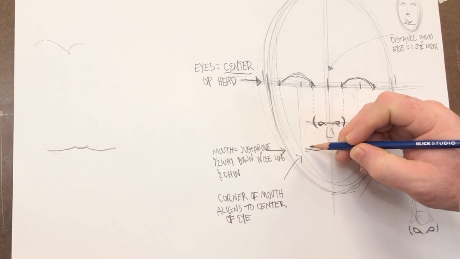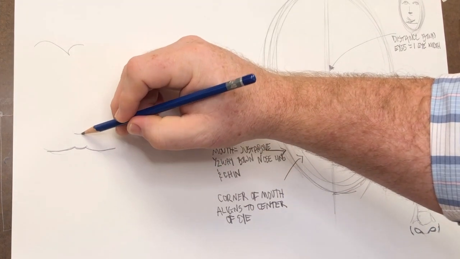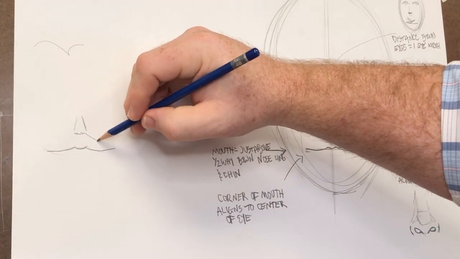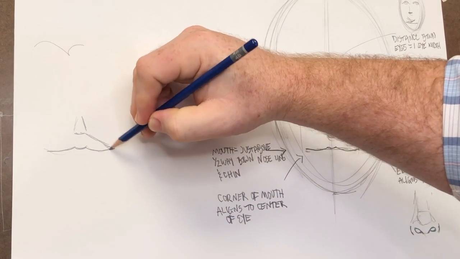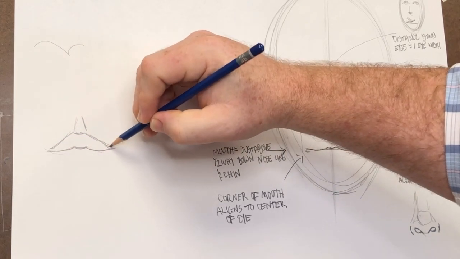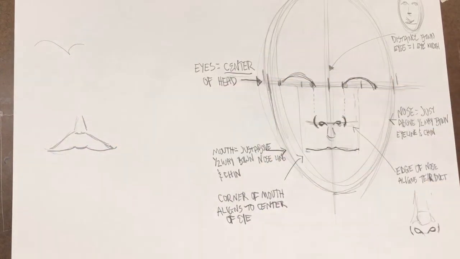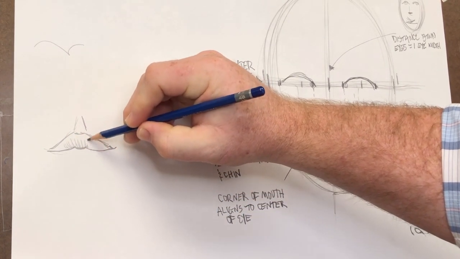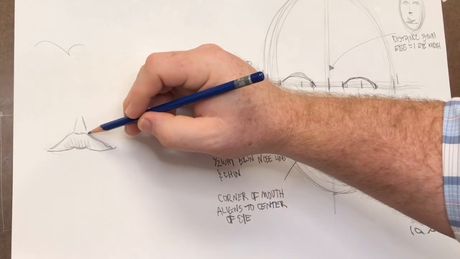The lips themselves, this would be the top, this would be that philtrum area here. And then this kind of just comes down, and the lip doesn't always actually come to the corner of the mouth. Sometimes the corners extend a little bit further. So this would be the top lip. And then, nice full lips there.